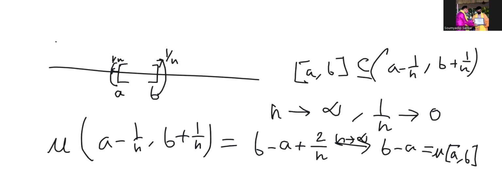The main upshot is that the measure of the closed interval AB can be approximated by the measure of the open interval containing that closed interval. So the measure can be approximated by the measure of the open set containing that particular set.